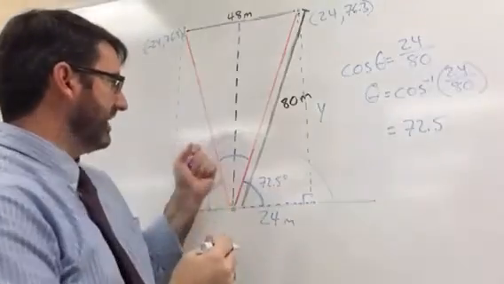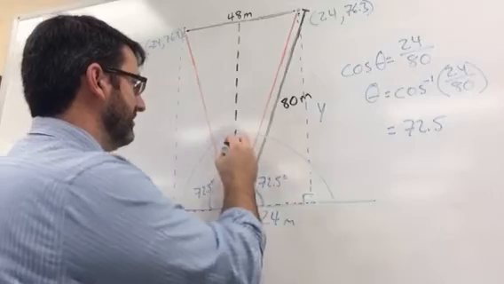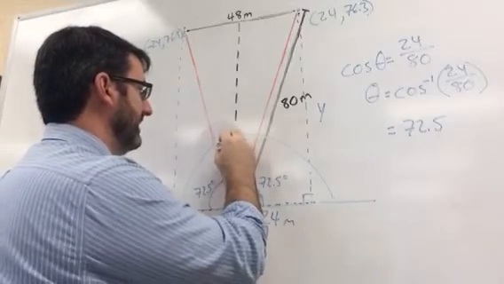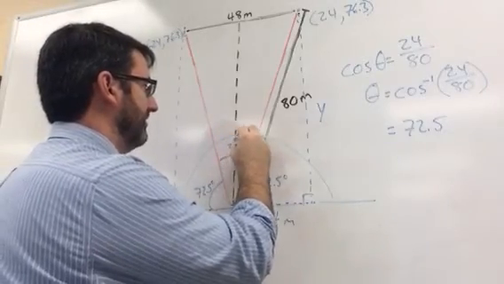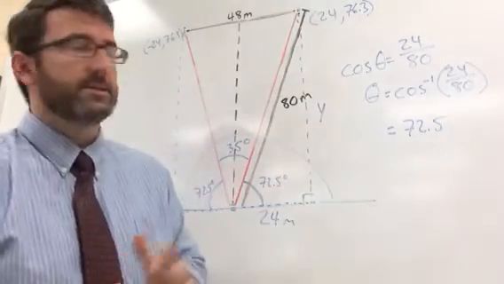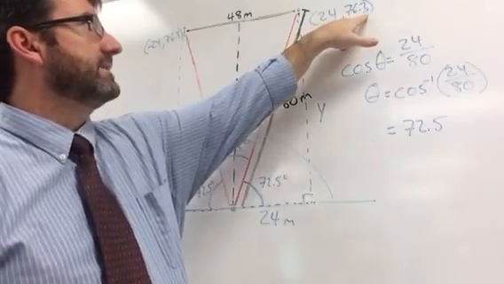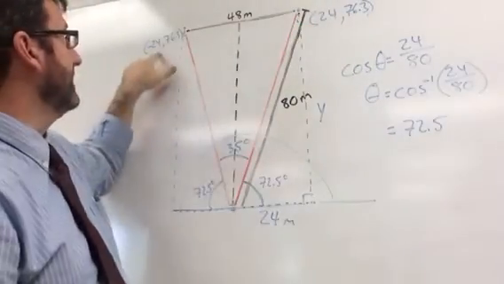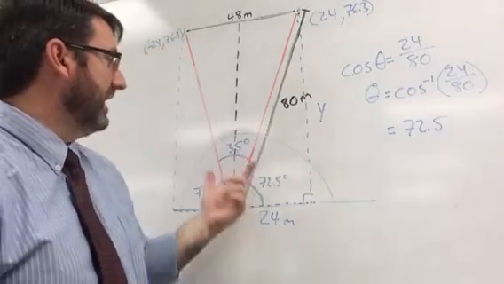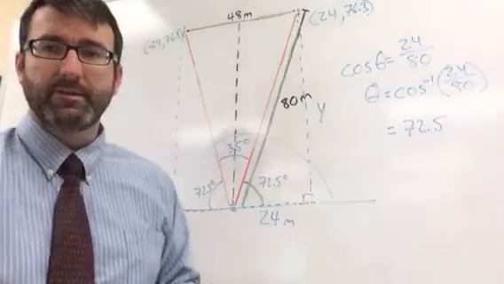So we can take 180 degrees minus our 145, and we find that this angle in here is about 35 degrees. So the answer to the question is that the end points are 24, 76.3, and negative 24, 76.3, and the angle between the boundary lines is about 35 degrees.